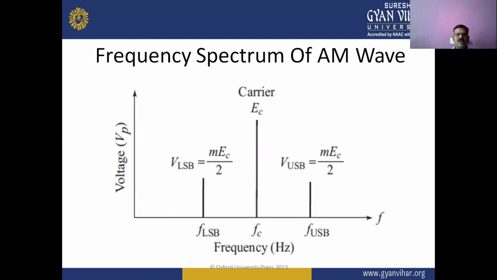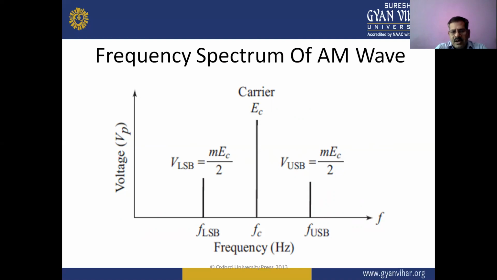Now what is the frequency spectrum of an AM wave, or amplitude modulated wave? So there is a frequency spectrum. Here one is the carrier frequency signal, FC, and the others are the upper sideband and the lower sideband.